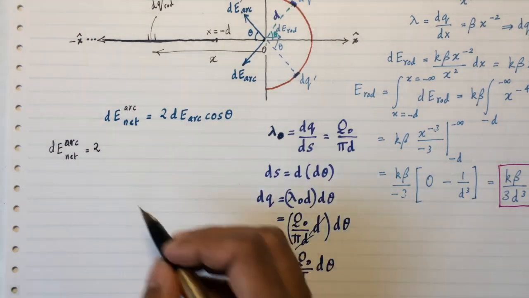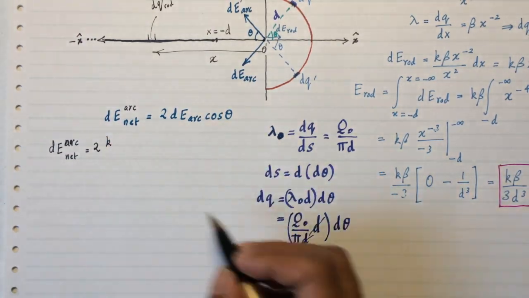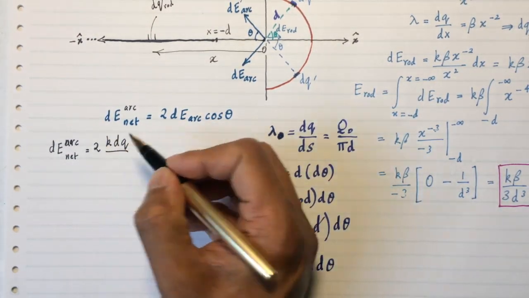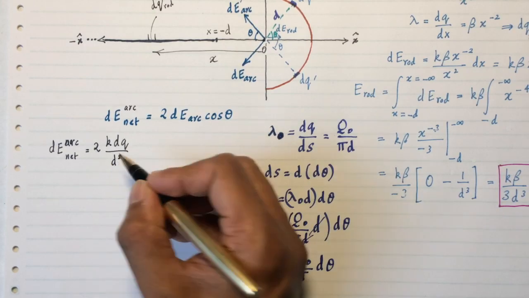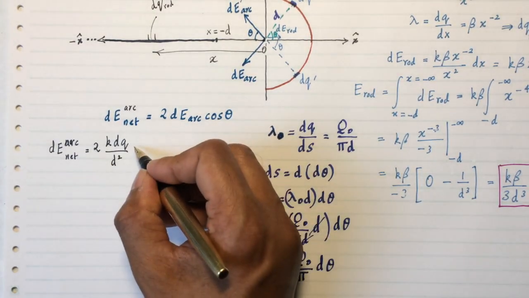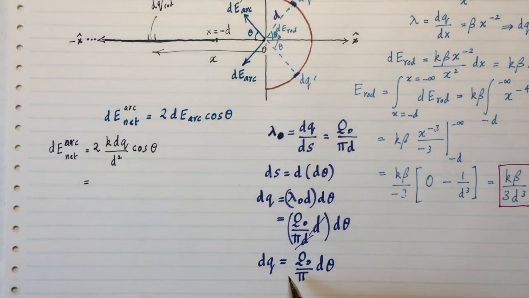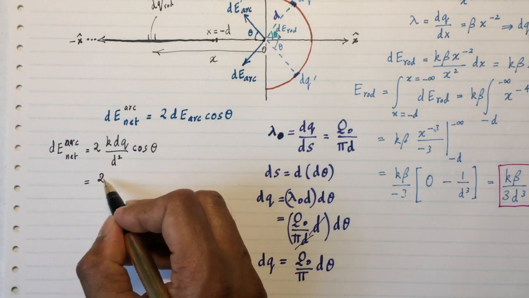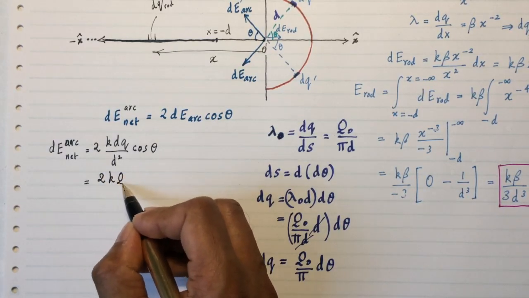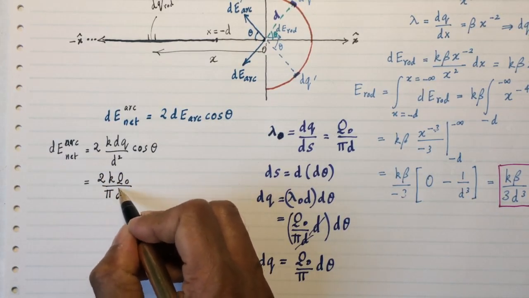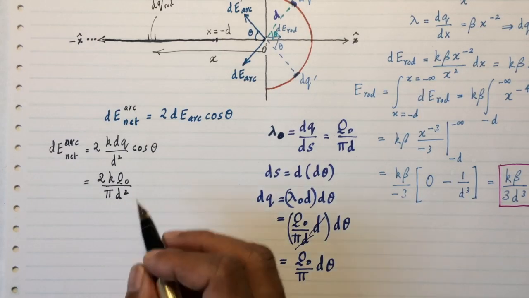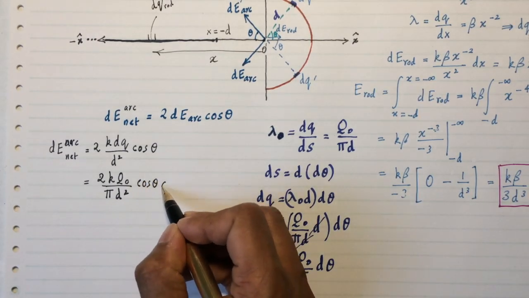It's 2 times dE, which is k dq over r squared. R is, in this case, d, so d squared, times cosine theta. So let me substitute for dq. So I get 2 k q naught over pi d squared cosine theta d theta.